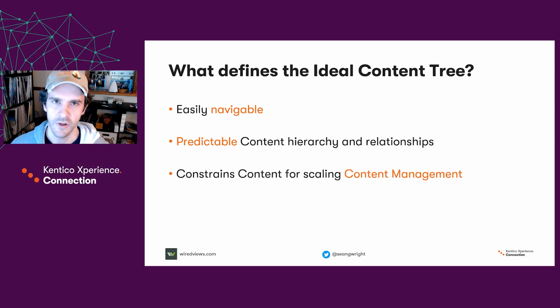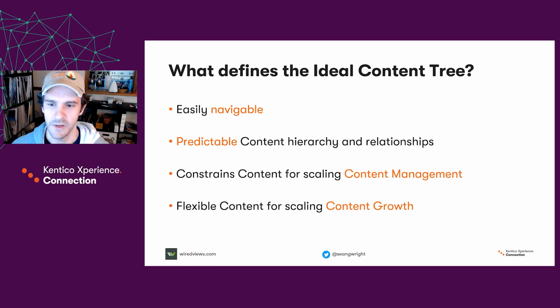We want to constrain content for scaling the content management process. And this means that we want to be able to know where content is used. We want to be able to make sure that content stays organized. This is about quality of the content over time. However, the ideal content tree also should be flexible for scaling content growth because a site is not static.